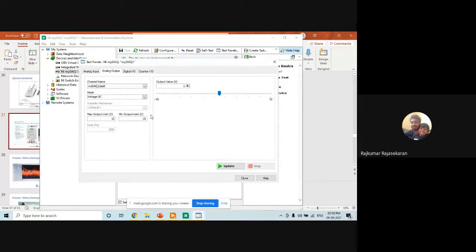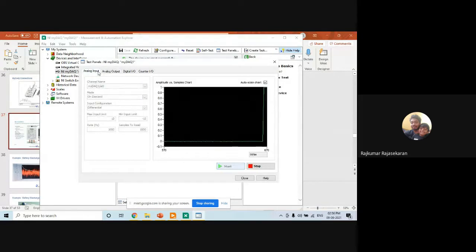We'll set the actual hardware from the drop down list, and we can set AO0 only. You don't need to do anything here. We just need to click on update, and you can see it's going to generate some value.